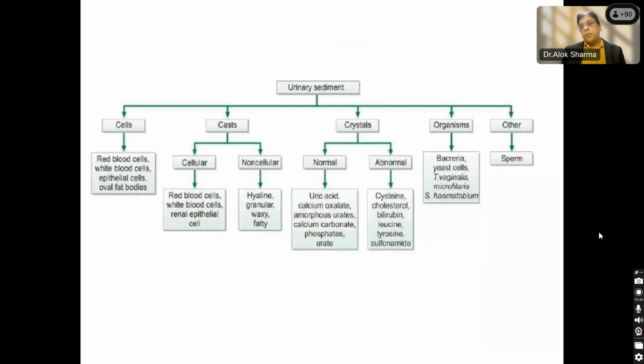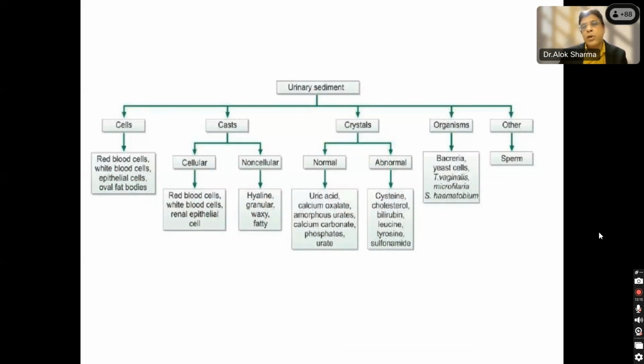So these were a few commonly used stains, and as you must have seen, the decision to do these particular stains is dictated by the clinical condition. But having said that, if you have a urine lab in your laboratory, the one which does good detailed urine examination, it is not a bad idea to have a general stain and a few of these specific stains, because these are not difficult to make and are easily available components.